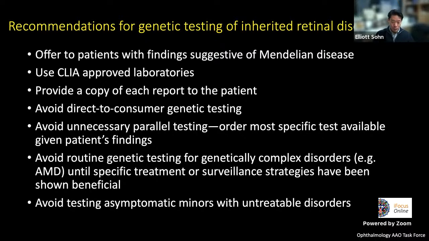So certainly reasonable to test those patients. As I mentioned, there's no treatment available yet for macular dystrophies, but having a gene that confirms the diagnosis is important in terms of advising the patient for expectations, counseling, other family members, and peace of mind for some patients as well.